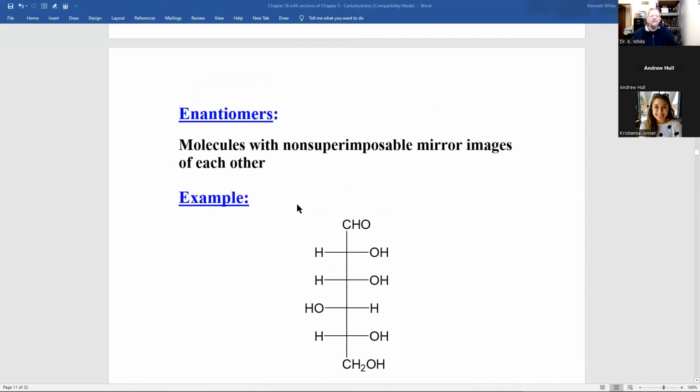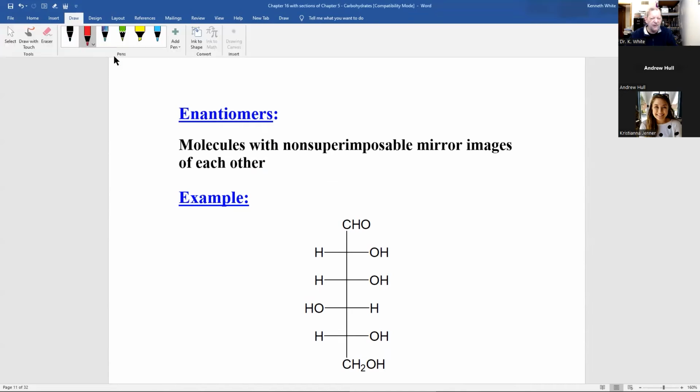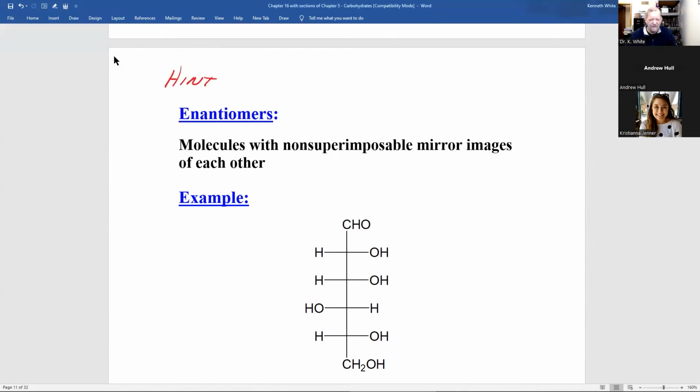Now, there's a concept you should know. I should have done it before, to circle the chiral carbons, but I'll do it here.